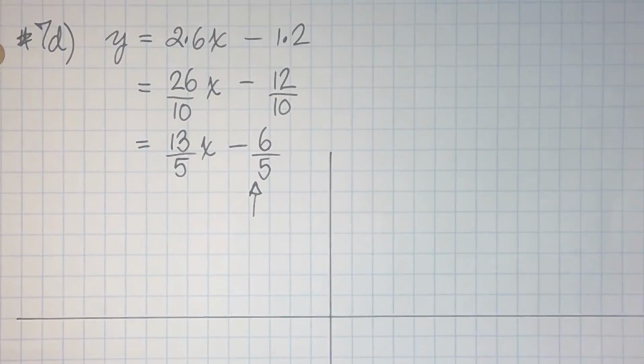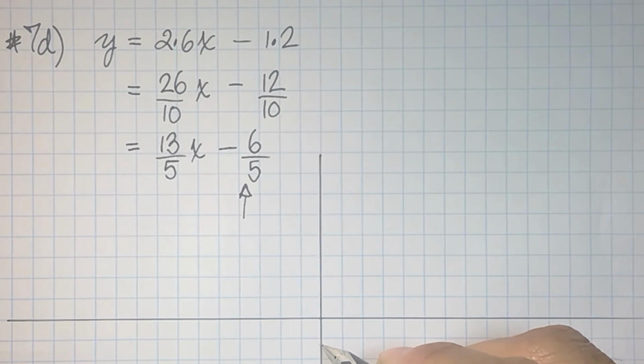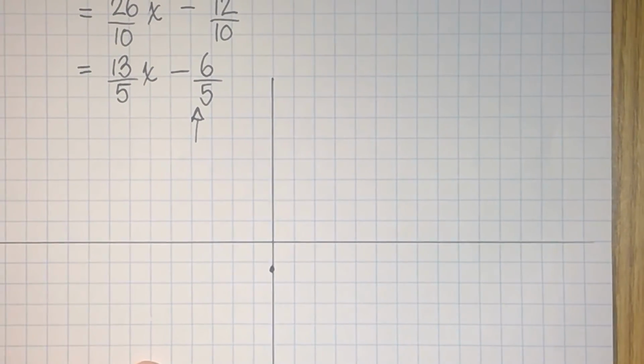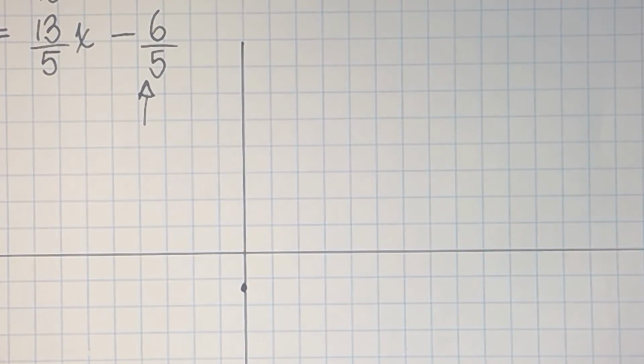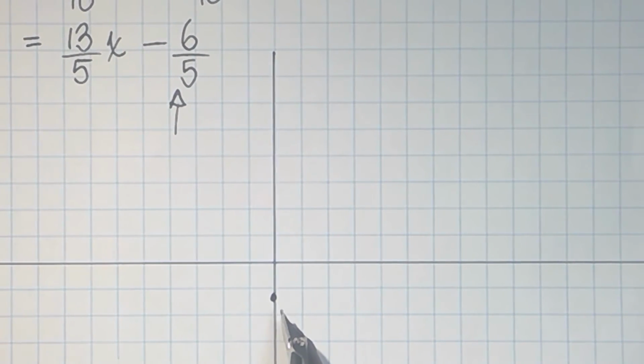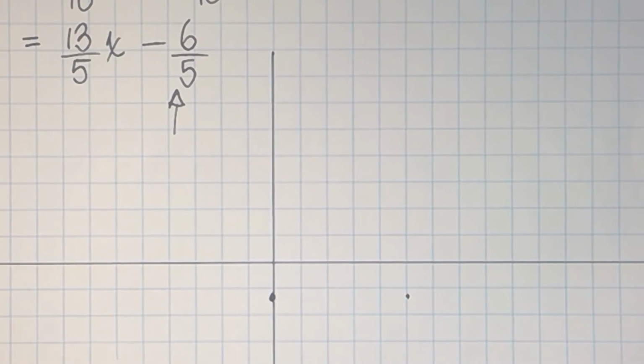So that would look like this. Here's my negative 1.2. My slope is 13 over 5. So I'm going to go 5 right, and I'm going to go 13 up.